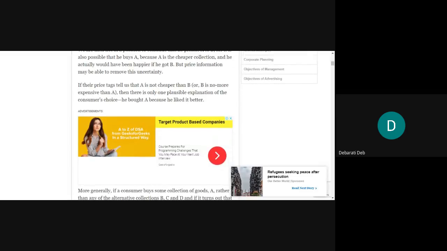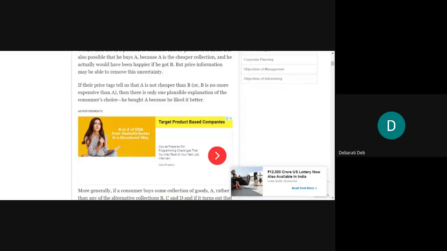Now, once the price tags are revealed to you, and you know that A is actually costlier than B, but still the consumer is buying A, what reason will you state? You will have to state that simply he likes it, isn't it? So this theory is not supporting the previous theory when we were discussing the substitution, income and price effect. We said when the price of X was falling, the consumer could buy more of it.